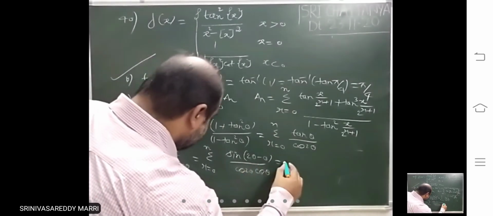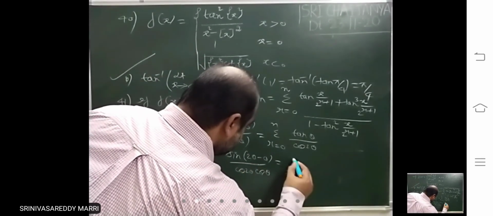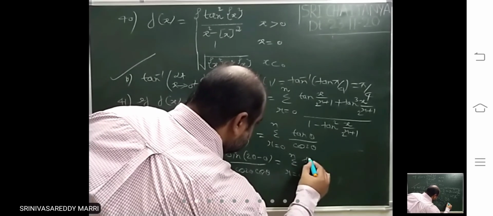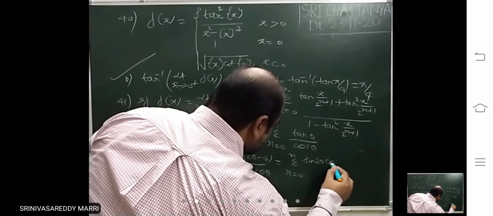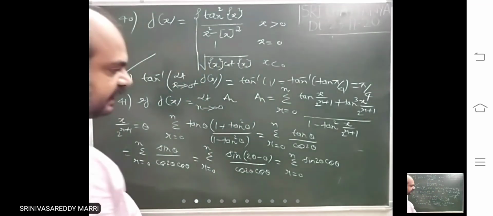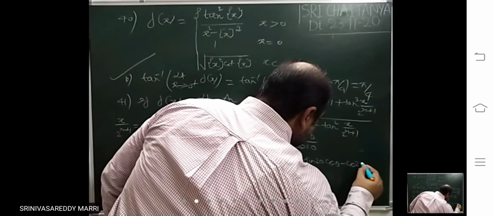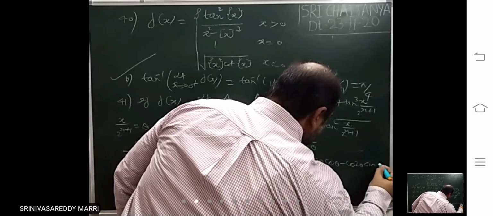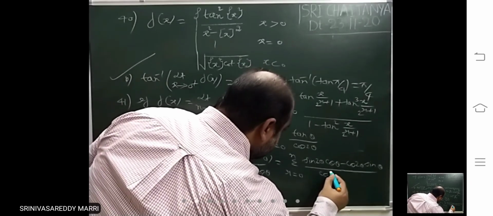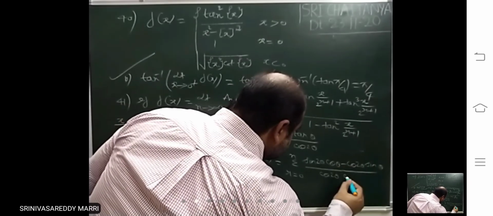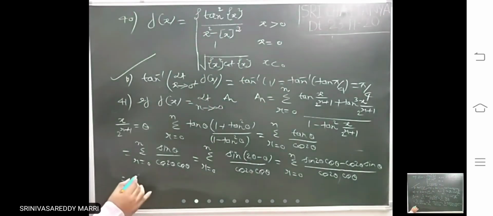Now I am applying sin of a minus b, sin a cos b minus cos a sin b, divided by cos 2 theta cos theta.